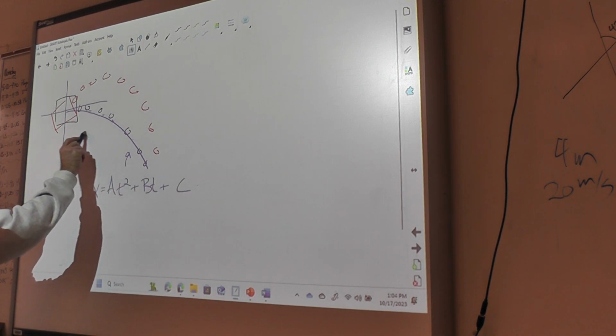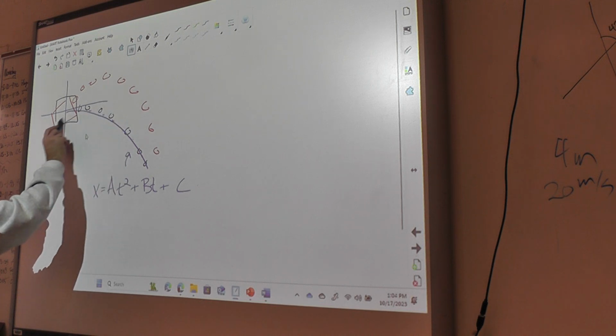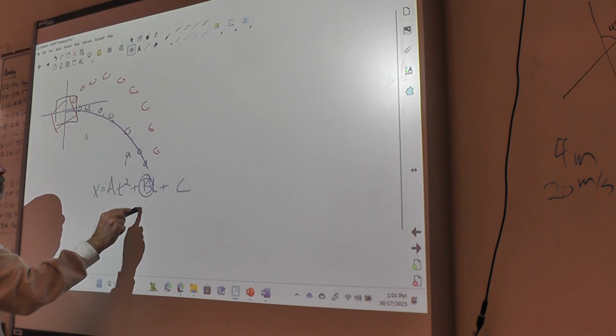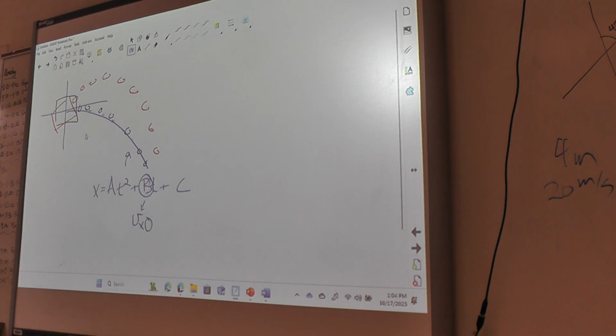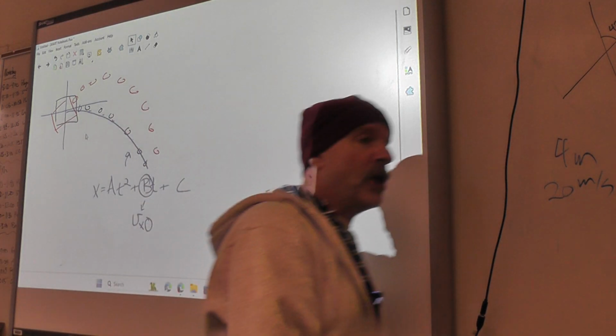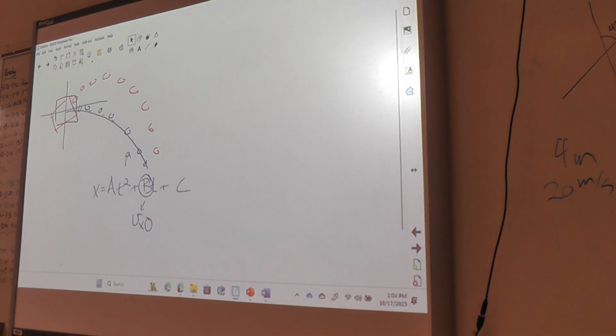So for the horizontal part of this motion, the left to right part of this motion, this was our initial velocity. If you were looking at your angled launch, then you would have had to take these same axes and turn them so that it was in the direction of the launch.